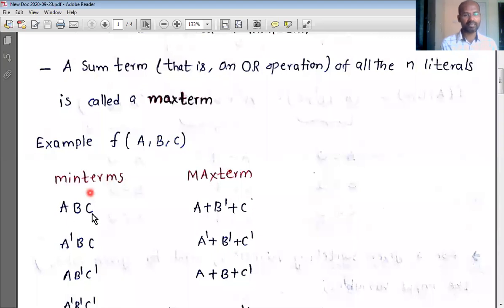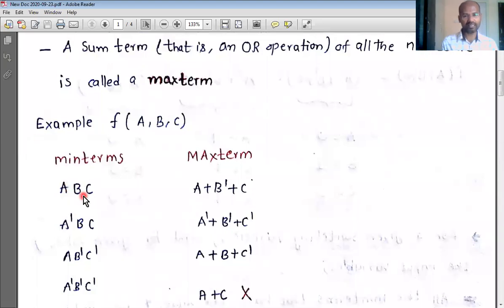A, B, C. If you consider this term A, B, C, it contains all the literals. So f is a function containing 3 literals. What are they? A, B, C. This term has all the literals of the function f, all the variables of the function f. So ABC is one minterm. And also remember, the definition given to the minterm is the product term.